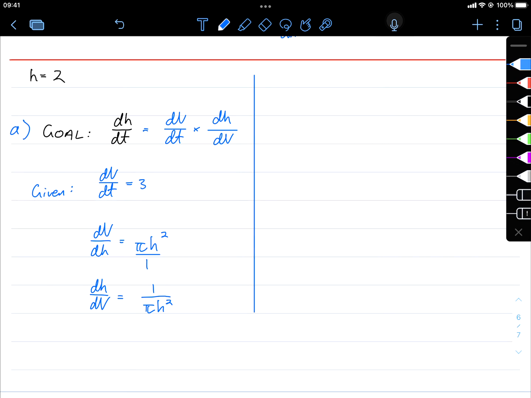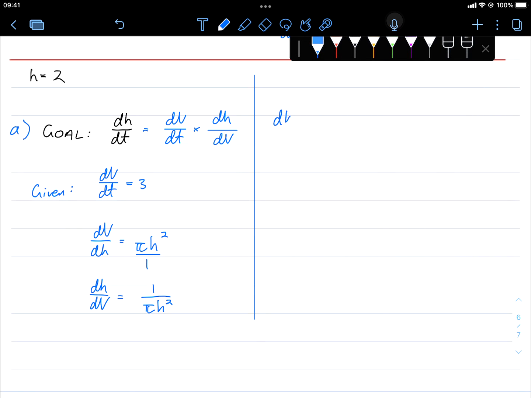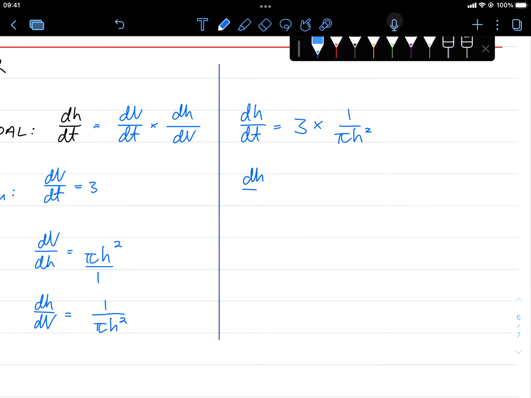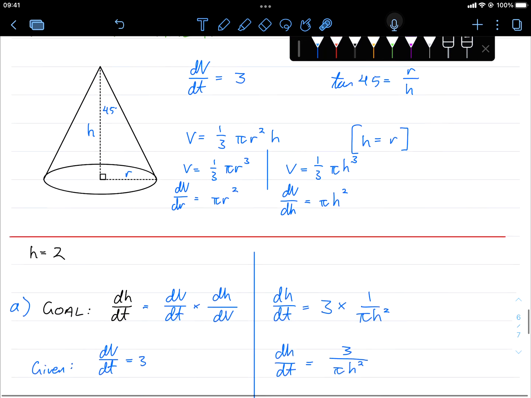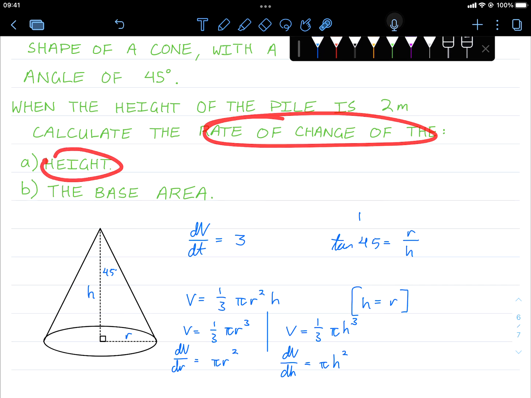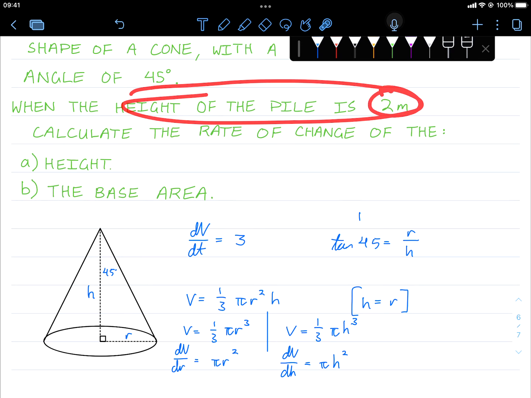So substituting all of this in, dh on dt is equal to dv on dt, which is 3, times dh on dv, which is what we just found here. That's going to be 1 on pi h squared. So all in all, dh on dt is 3 on pi h squared. Now remember, we're looking for the rate of change of the height when the height of the pile is 2 meters.